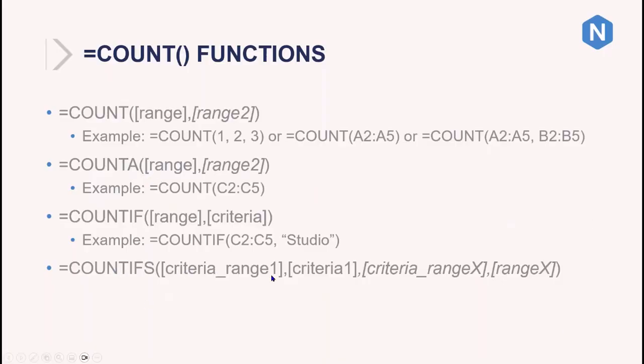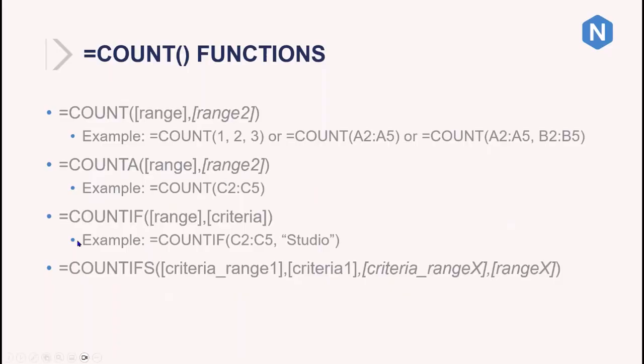But usually it's how many things match a certain criteria, like count all of the studio apartments on a level. And so I would give it a criteria range of the department or the name or the type of unit with a criteria to match it. And then I would also give it a level column with a level value to match. And all these don't have to be cell explicit text pieces. This studio value could come from some other cell reference.